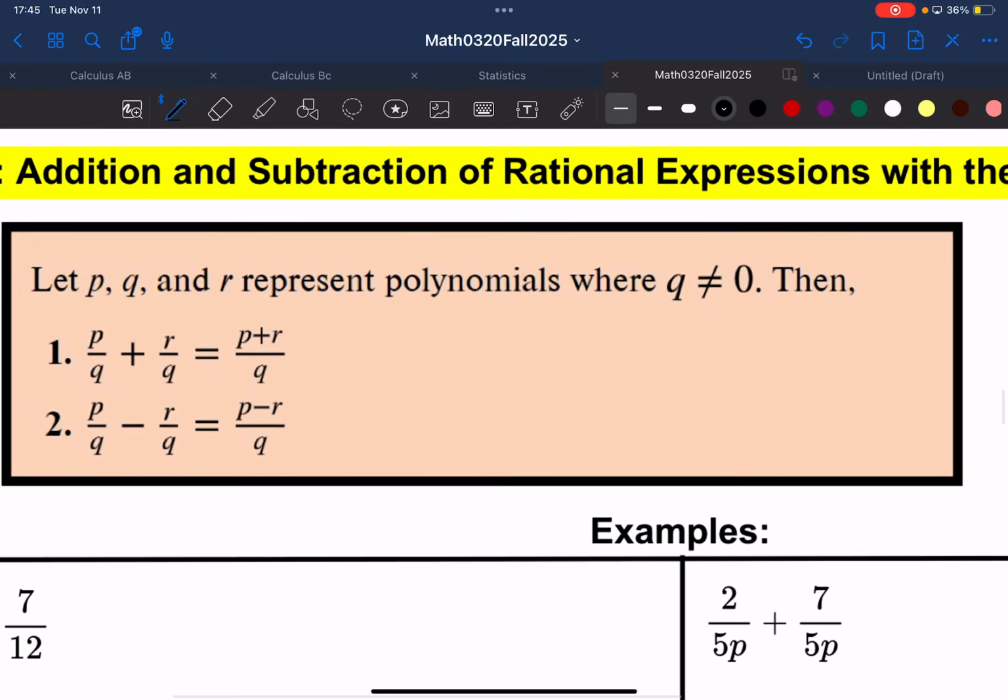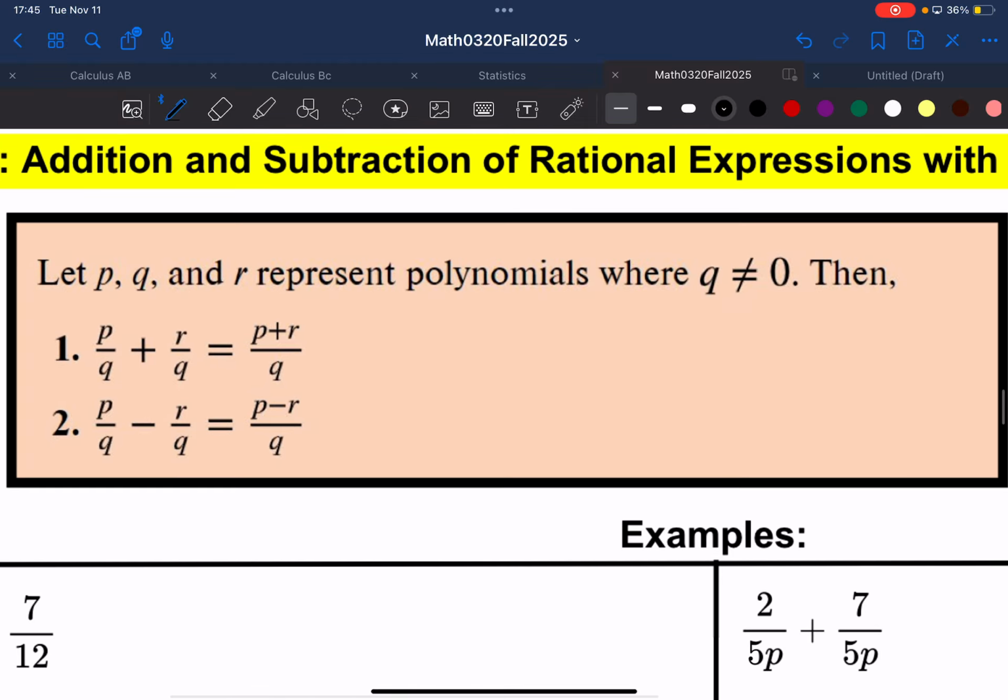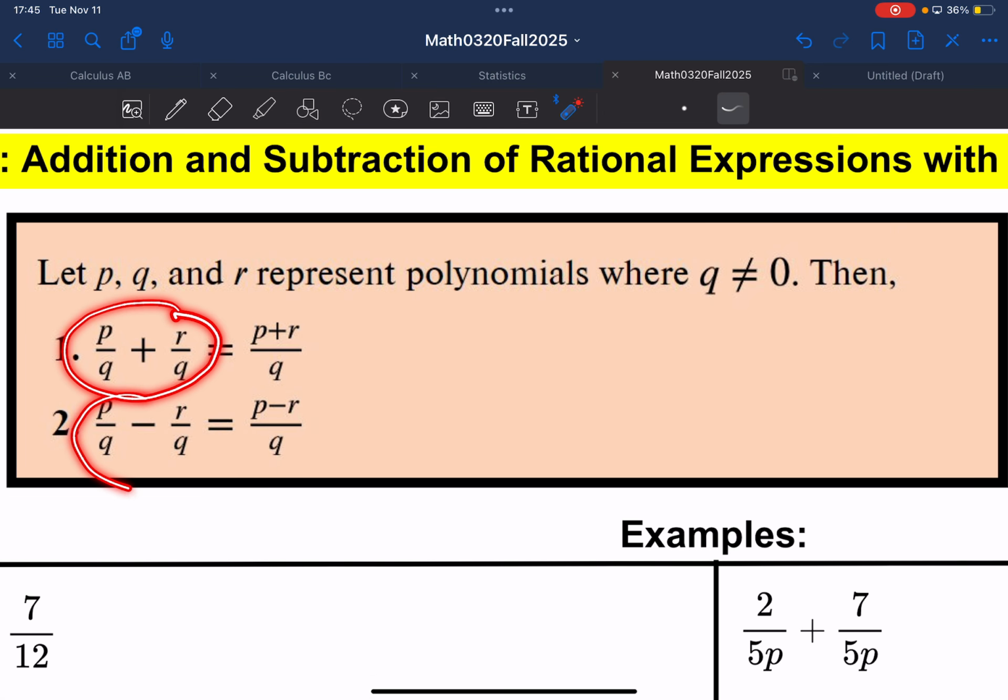And that's what this part is saying here. It says let P, Q, and R represent polynomials where Q is not equal to 0. So this says that if we are adding or subtracting, as long as they have the same denominator, then we're just going to add and subtract the numerators to get our answer.